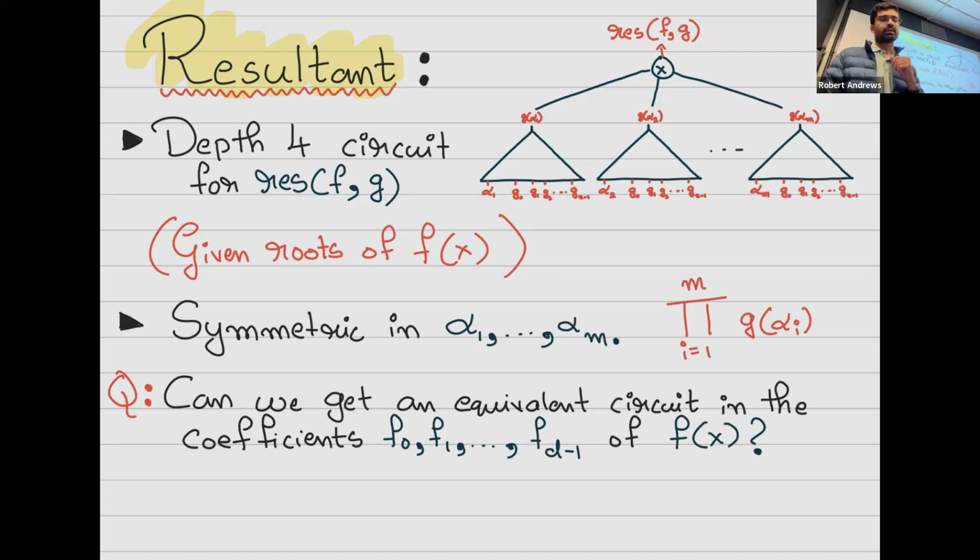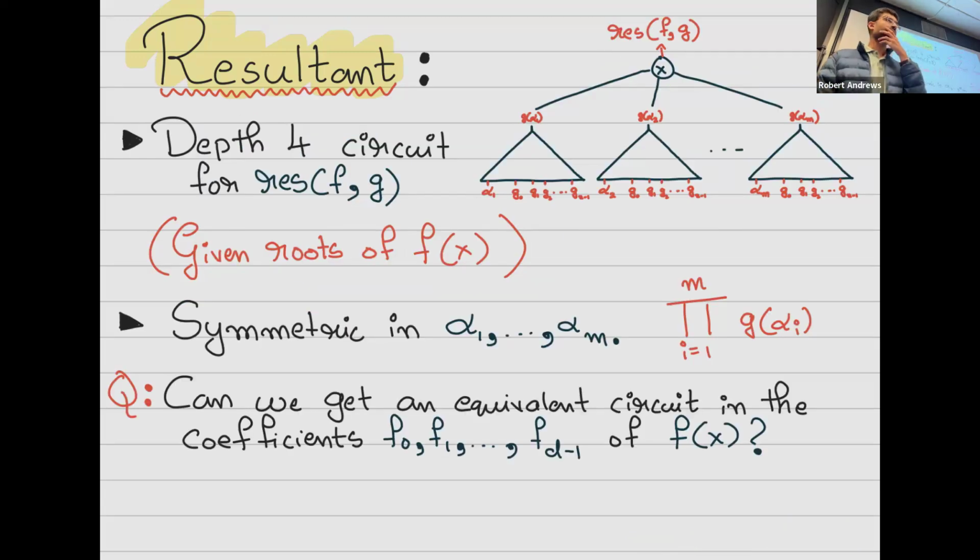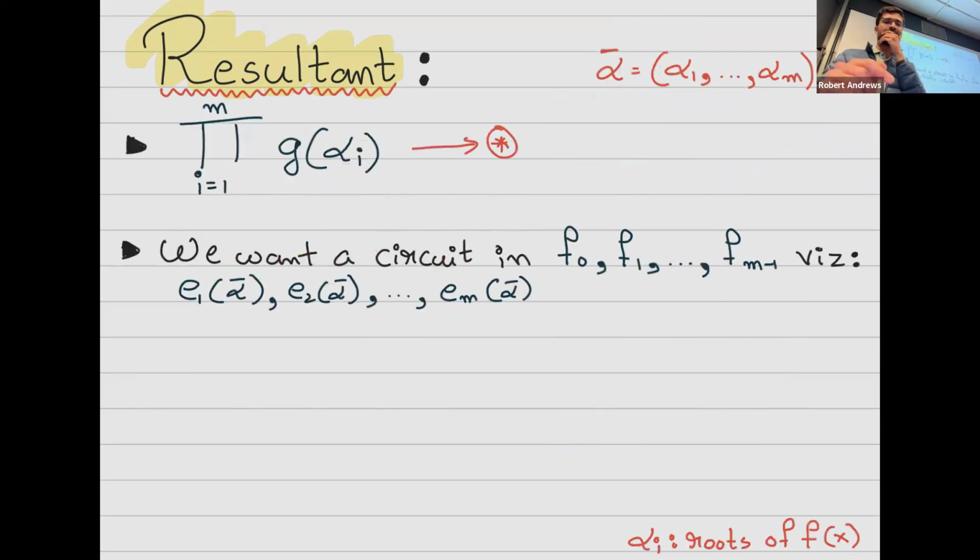Okay. So now I'll tell you what Anders and Wigderson do here. We had a circuit in the roots, and we want a circuit that takes the coefficients. Remember that I said the coefficients are essentially the elementary symmetric polynomials in the roots. So what I want is a circuit over the elementary symmetric polynomials of the roots.